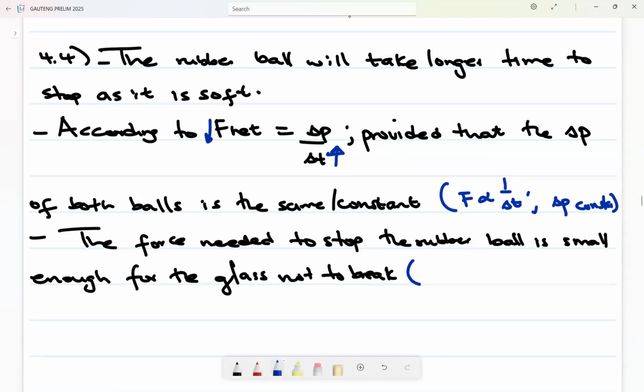Or you can say the force is not enough to cause a break on the glass.